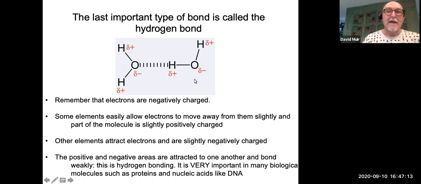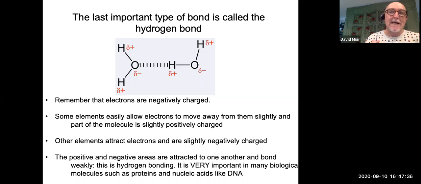Now, something happens when different atoms get together, especially something like oxygen. Oxygen is very, very attractive for electrons. It will pull electrons towards it very strongly. We say it is electronegative.